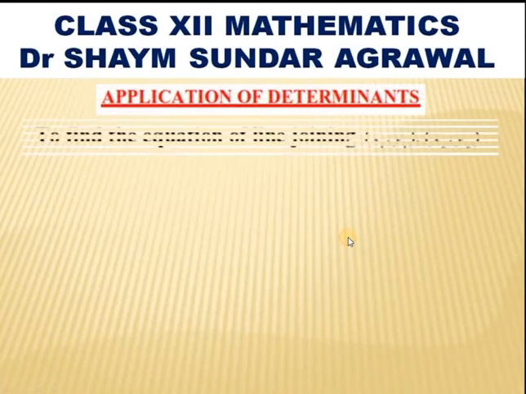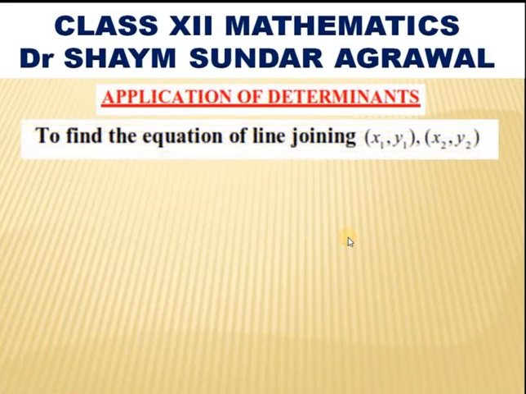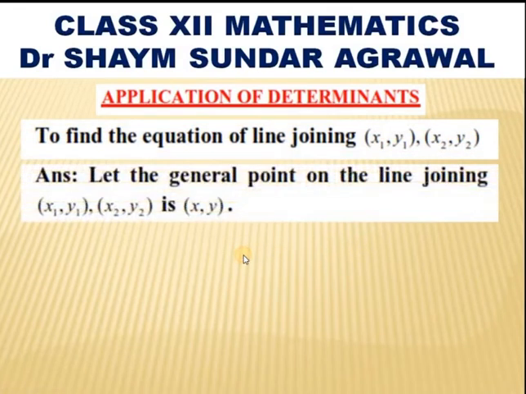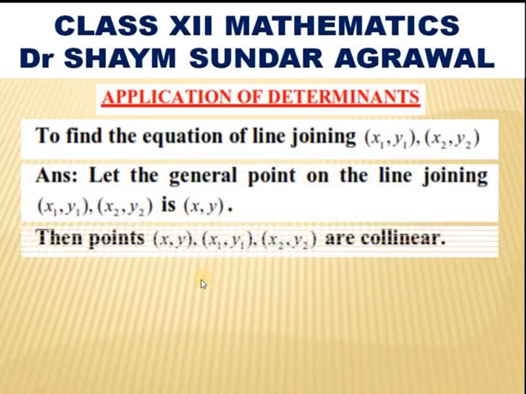The next application is to find the equation of the line joining two points (x1, y1) and (x2, y2). Let the general point on the line joining (x1, y1) and (x2, y2) be (x, y). That means these three points are on the same line, so they are collinear.